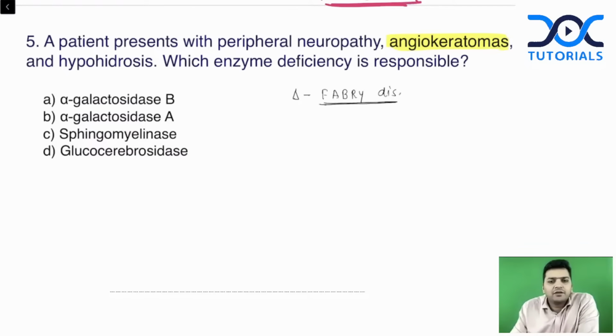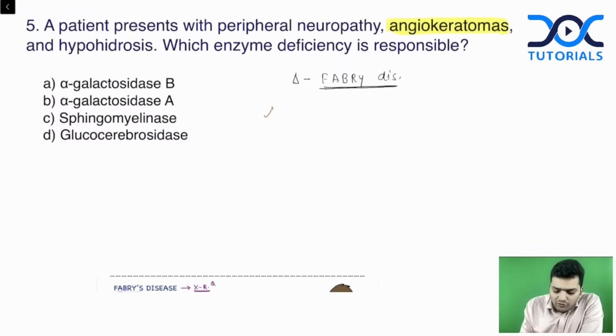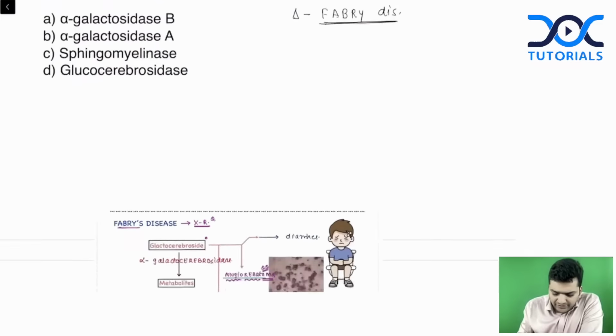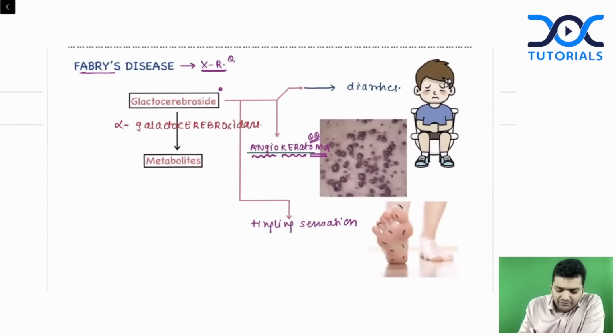Fabry disease. In the Fabry disease, Fabry disease is an X-linked recessive disorder. When we want to metabolize the galactocerebroside, we require an enzyme called alpha-galactosidase.